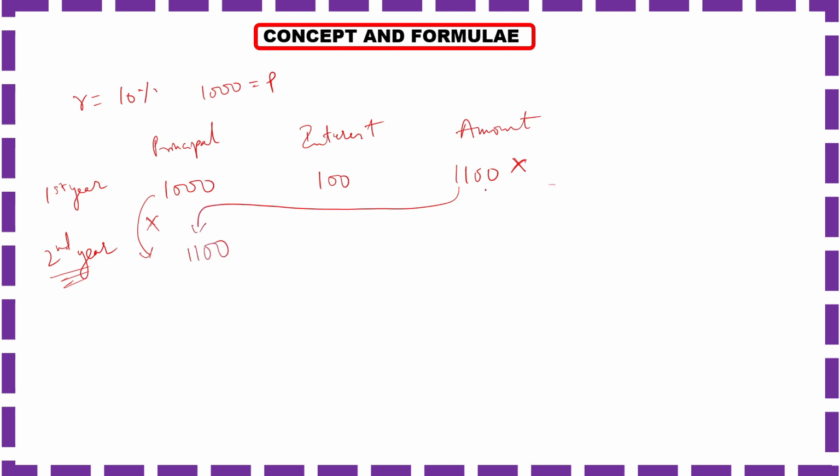The amount of the previous year will be the principal of the next year in case of compound interest. So 10% is the rate of interest. The interest for the second year is 10% of 1100, which is 110 rupees. Now what is the total amount by the end of second year? 1210. That is, 1000 is the principal, 100 is the first year's interest, and 110 is the second year's interest.